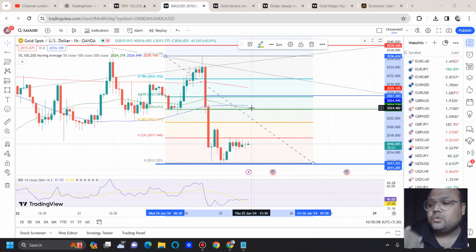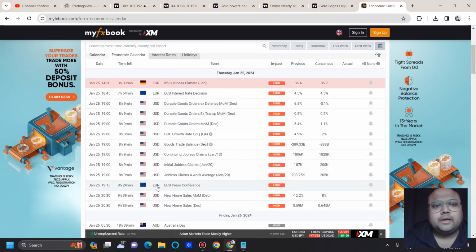So as a result, you need to understand which level will be working on which time frame and which situation. For example, 2027, 2024 are weak levels. So when the volatility will be low, when the volume will be low, you can expect it to work as resistance. But during the US session, obviously the volatility is high, so you cannot expect it to work.